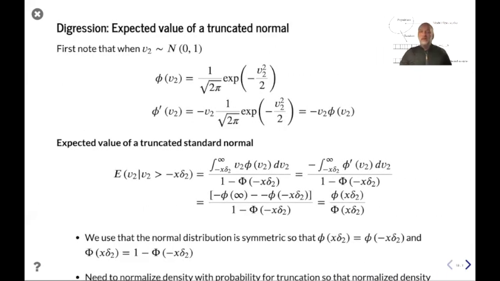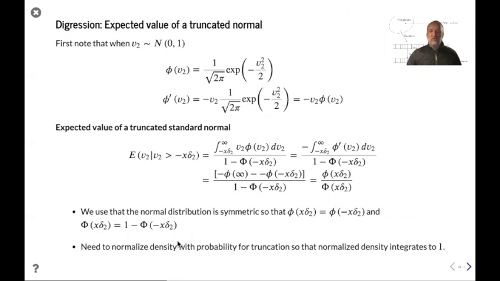So we're going to make a little digression here, just to derive the expected value of a truncated normal. I think we actually went through this, in a less rigorous way, in the censored regression model. This is completely analogous to that, but here you have the expressions in the context of the current version of our structural model.